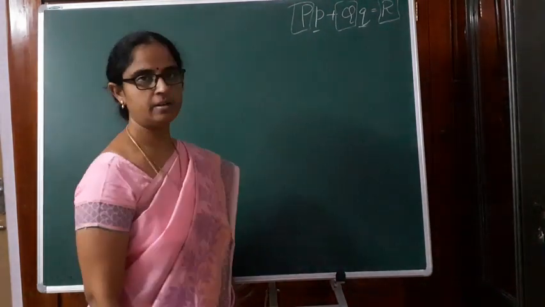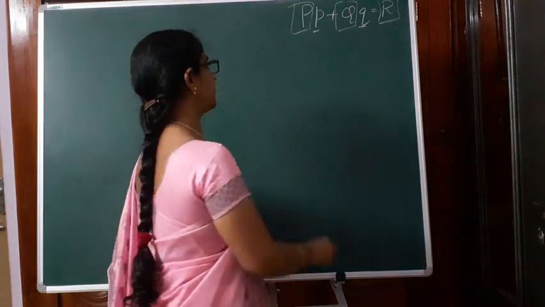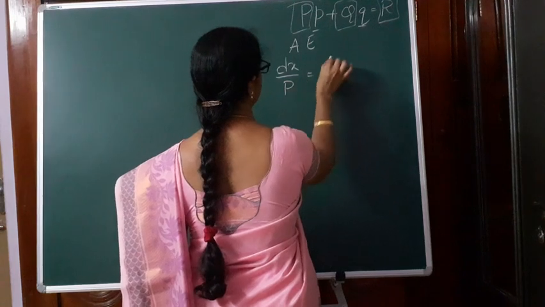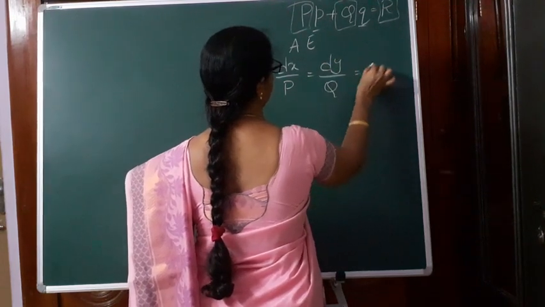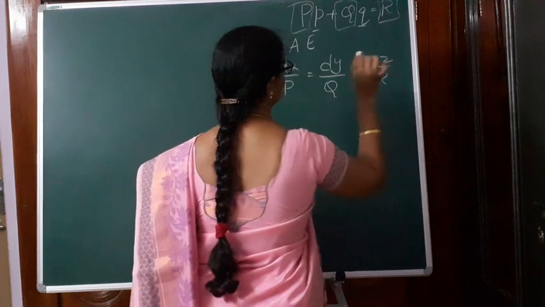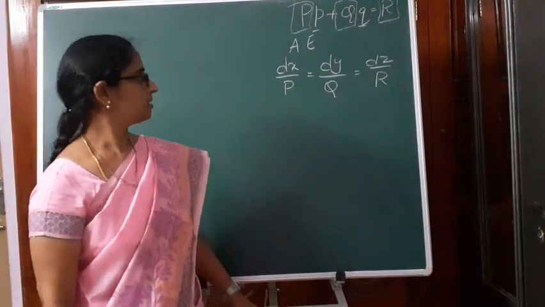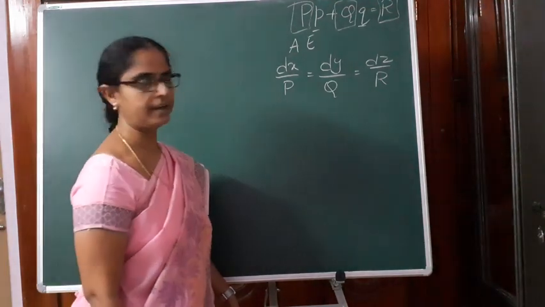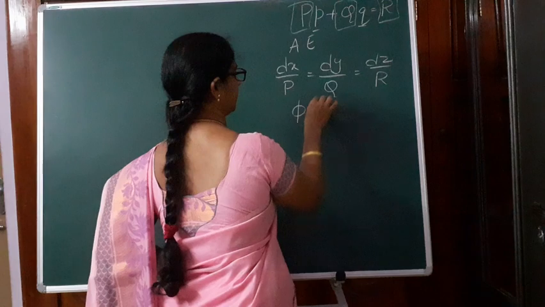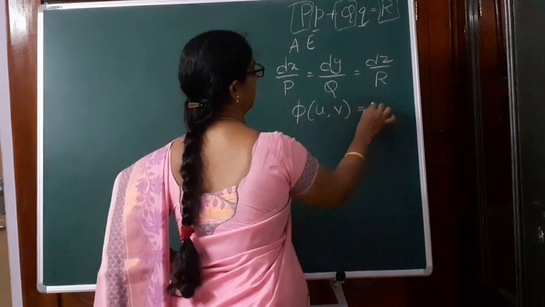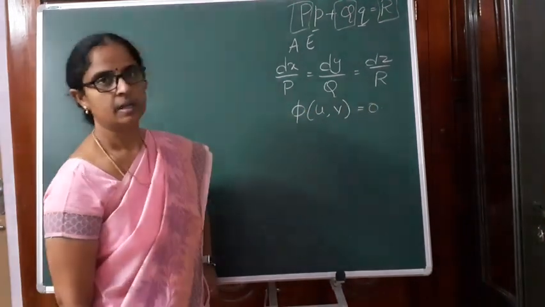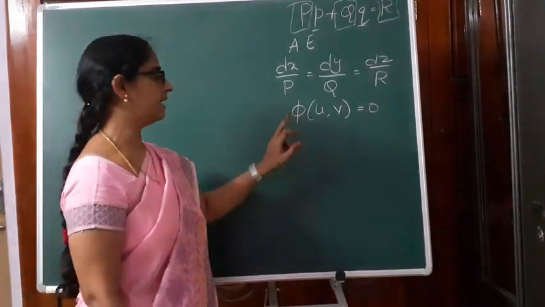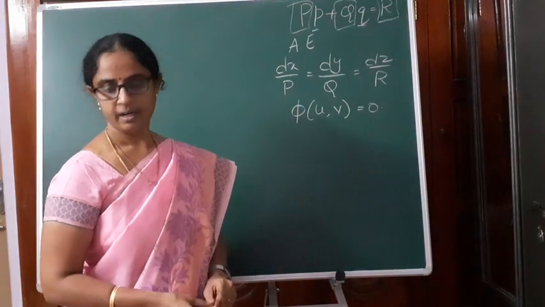Now to find the general solution of this Lagrange's linear equation, we consider the auxiliary equations. Auxiliary equations are dx by P is equal to dy by Q is equal to dz by R. Now from these auxiliary equations, either by grouping or by the method of multipliers, we find two independent solutions u of x, y, z is equal to c1 and v of x, y, z is equal to c2, so that the general solution is phi of u comma v is equal to 0, where phi is the arbitrary function.